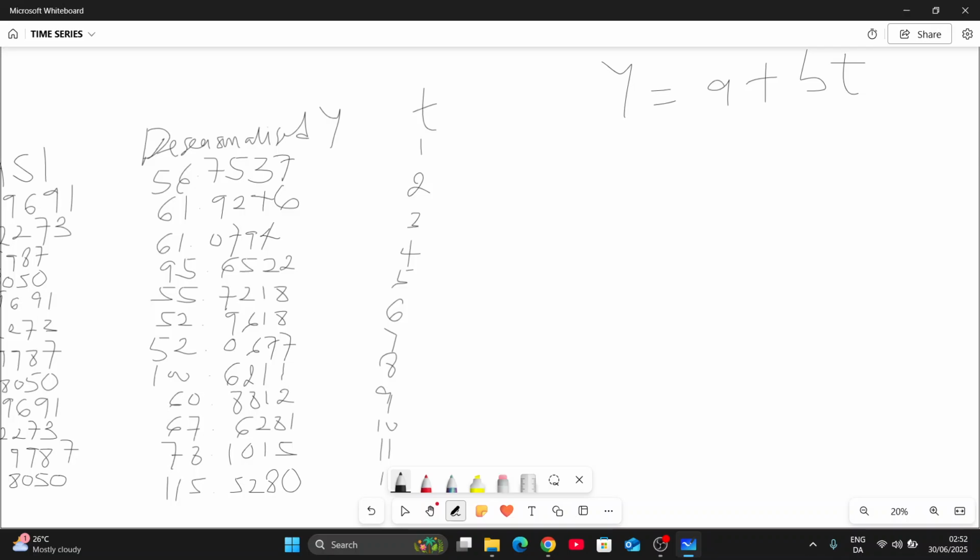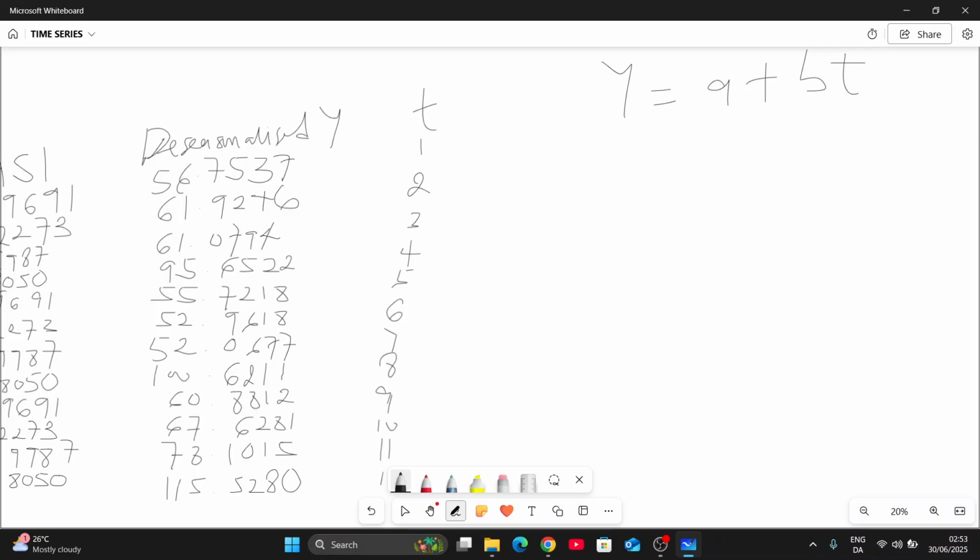So the first y value, the deseasonalized y values, was 56.7537, 61.9246, 61.0794, 95.6522, 55.7218, 52.9618, 52.0677, 100.6211, 60.8812, 67.6281, 78.1015, 115.5280.